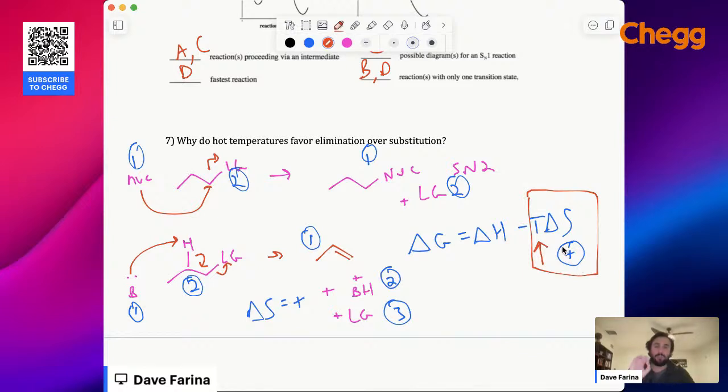So entropic favorability is enhanced at high temperatures in the context of determining whether a reaction is spontaneous or not. If it's entropically favorable, heat it up, it's more likely to occur. So that is why, when you're looking at what might happen and you're unsure of whether substitution or elimination will occur, take a look at the temperature. The hotter it is, the more likely that elimination products are going to dominate in the product mixture. So that's a very important concept.